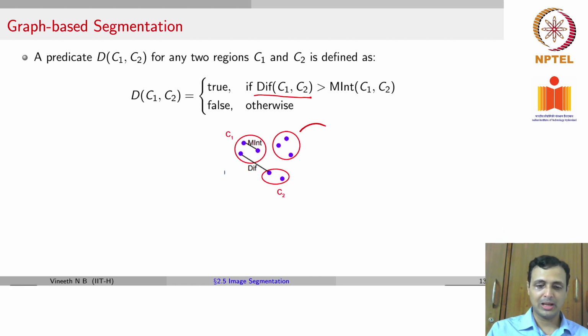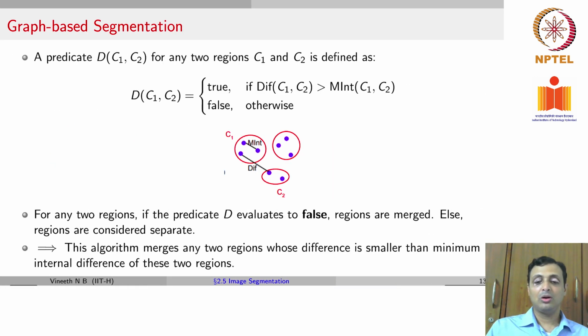This illustration should help you understand this a bit better. Remember, diff is the minimum edge weight between two regions, whereas minimum internal difference is the internal difference within each of C1 and C2, whichever is the minimum. So if the difference between the two regions is greater than the minimum internal difference, you do not want to do anything. If it's the other way, regions would be merged.